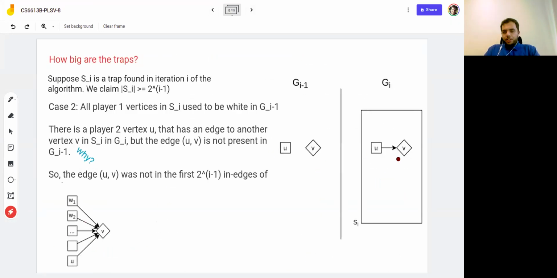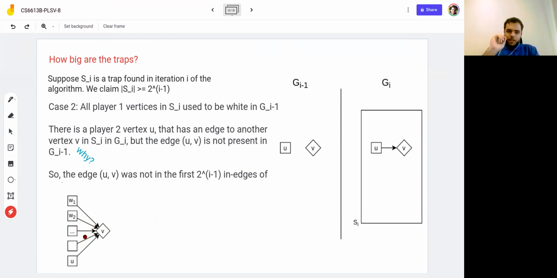So if the edge from u to v was not in G_{i-1}, it means that in the ordering of in-edges of v, it wasn't one of the first 2^{i-1} edges. So I had this edge to v, and there were at least 2^{i-1} previous edges coming in according to the ordering of the edges that we had.